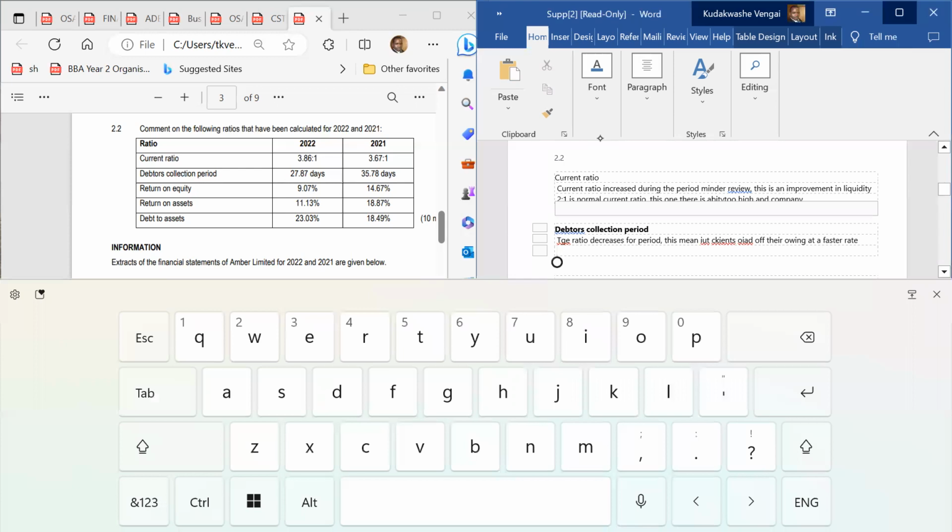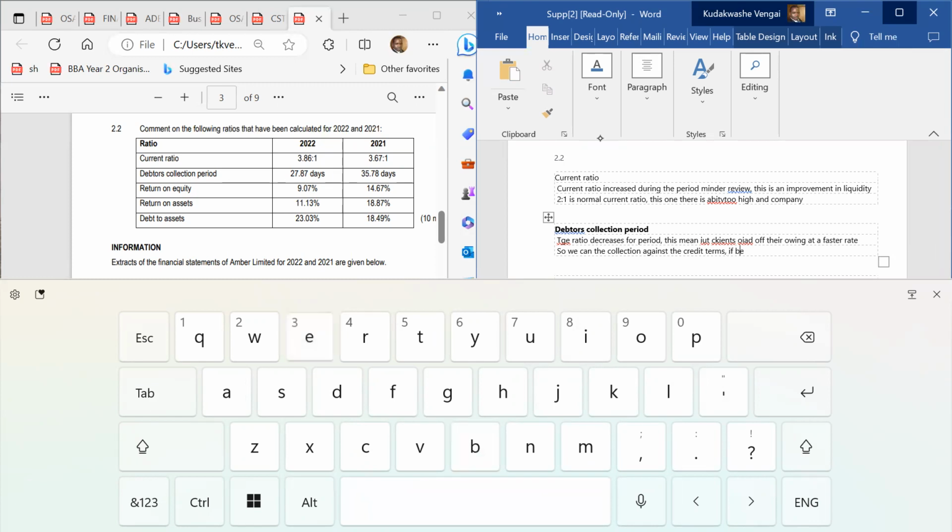So then you highlight, okay, so if the clients are paying their debts faster, this is good for us, right? So we can check the collection period against the what? The credit terms, right?